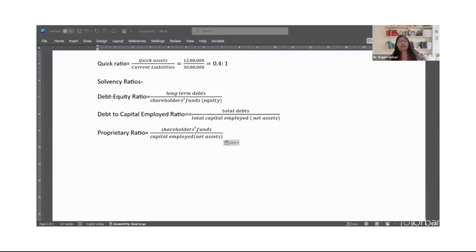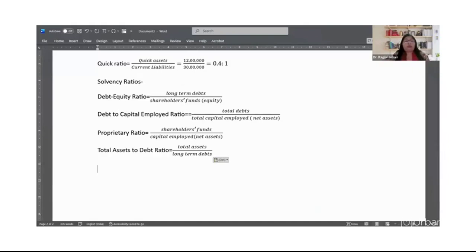Then the next ratio is the total asset to debt ratio. That is a ratio between the total assets vis-a-vis long-term debts. The idea behind this ratio is that the creditors or investors of the company are very interested to know whether their long-term debts can be serviced through the available assets of the company.